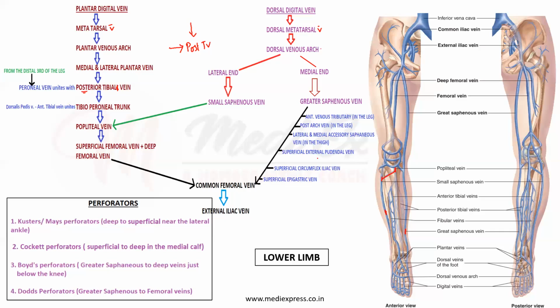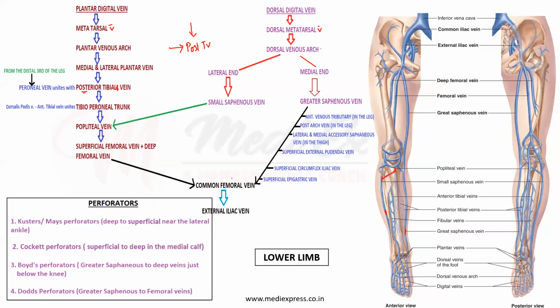Then the superficial external pudendal vein drains into it. Its tributaries are the superficial circumflex iliac vein and then the superficial epigastric vein. So these are the tributaries of the great saphenous vein.